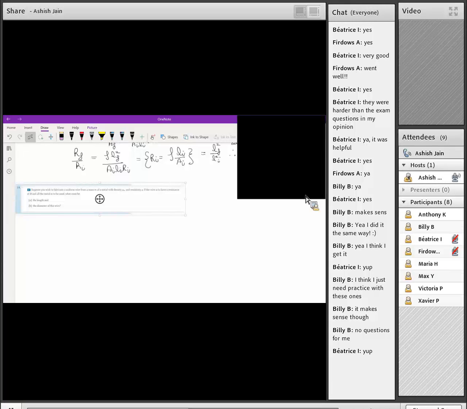Again, this was covered in the previous DGT, but I'm going to solve it again because I think it's an important question. Suppose somebody gave you a job to fabricate a uniform wire with a given mass m. That's why I always break up questions. Something is given: the mass density, that is mass per unit volume, and the resistivity.